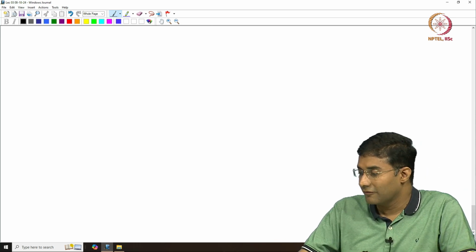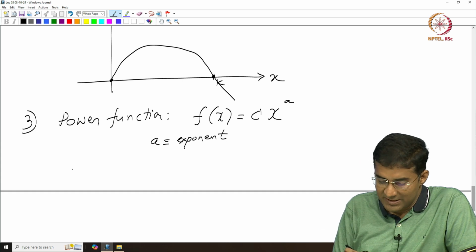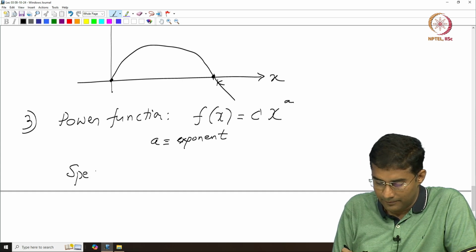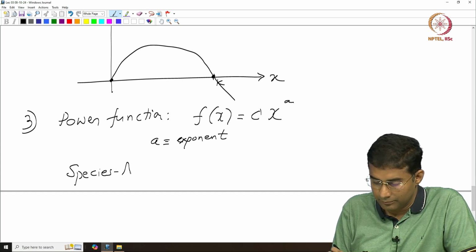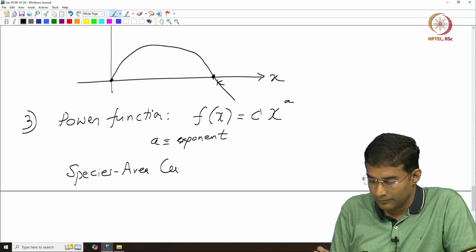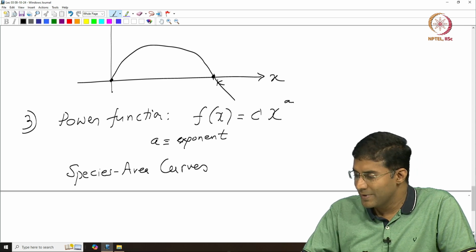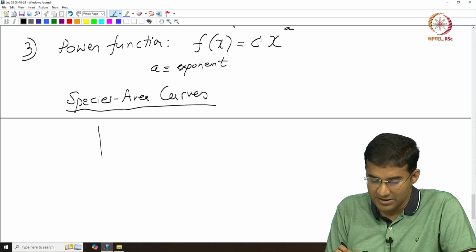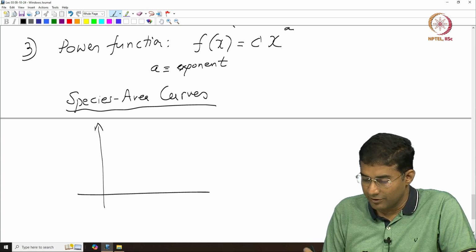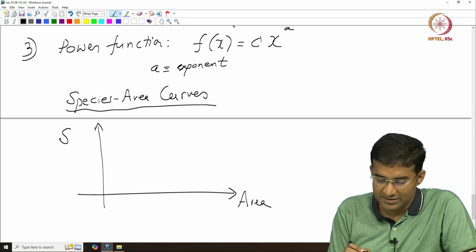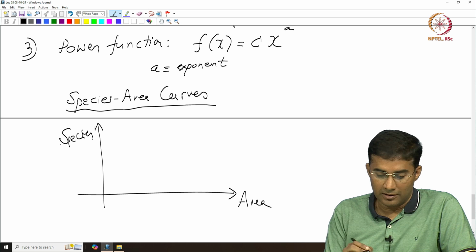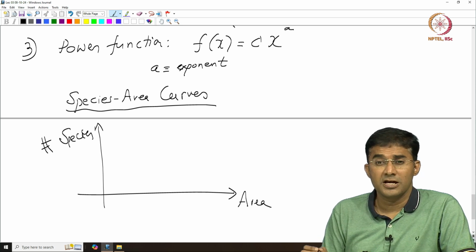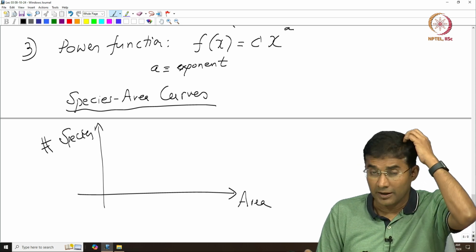For example, consider the context of species area curve. Species area curves are an important relationship that we study in ecology. It basically tries to capture how the number of species changes with the area.